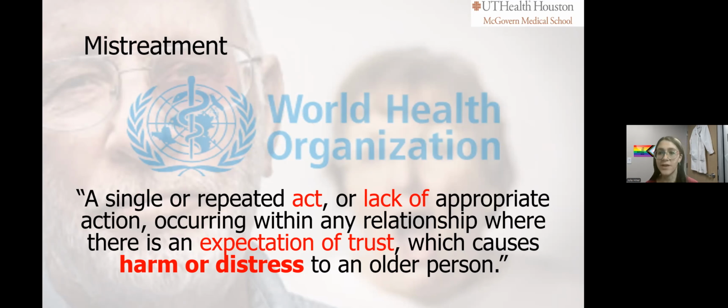The perpetrator, the person doing the mistreating acts, must do or not do something in the context of a relationship where there's an expectation of trust. I can't neglect someone on the side of the road, assuming I'm not a physician and bystander laws don't apply. I can't neglect someone who is unhoused by not feeding them. I'm not neglecting them, because I don't have a relationship with an expectation of trust.